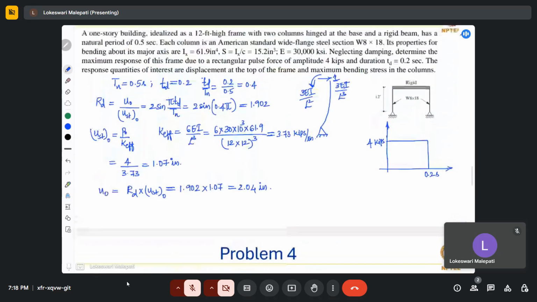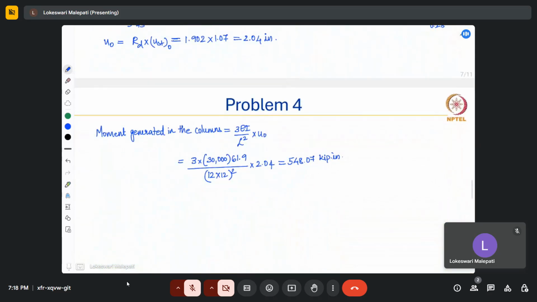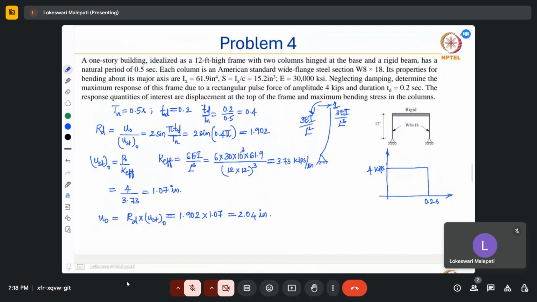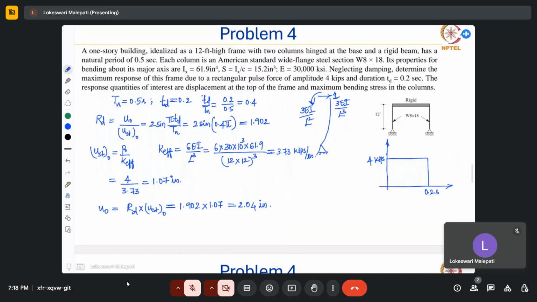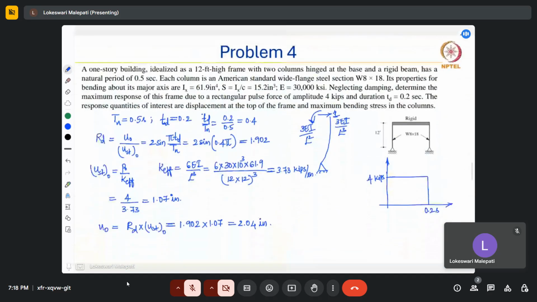And we know using the simple bending theory that maximum bending stress would occur at the top layer of this section. This is an I section, and they said that the bending is going to happen about the major axis. We know the relation between the stress and the moment: the bending stress is equal to M by Z, where Z is the section modulus. So 548.07 divided by the section modulus, which is 15.2 inch cube.